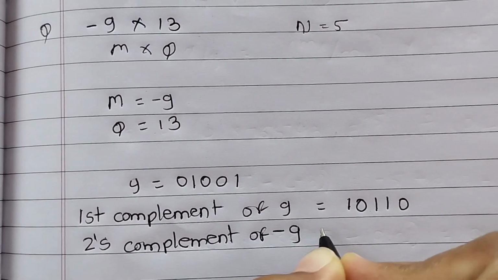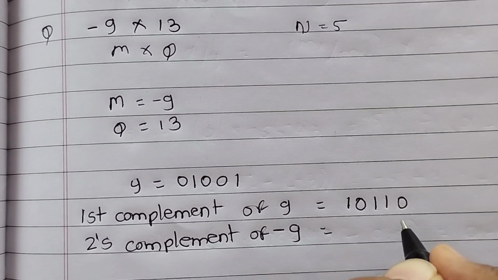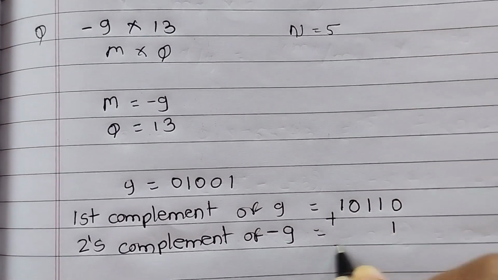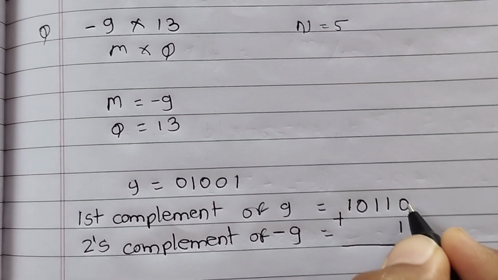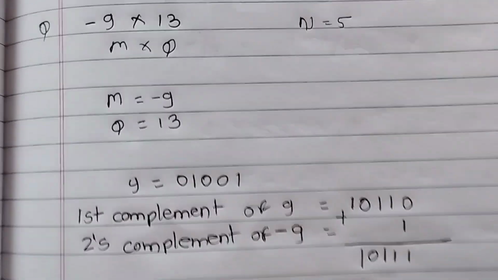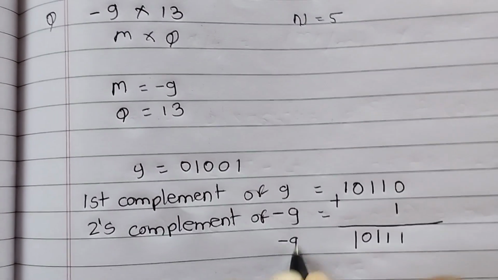We convert the 1's complement into the 2's complement by adding 1 to the first complement. So 0 1 1, and the 1 1 0 1 stays as it is. So now this is our minus 9.